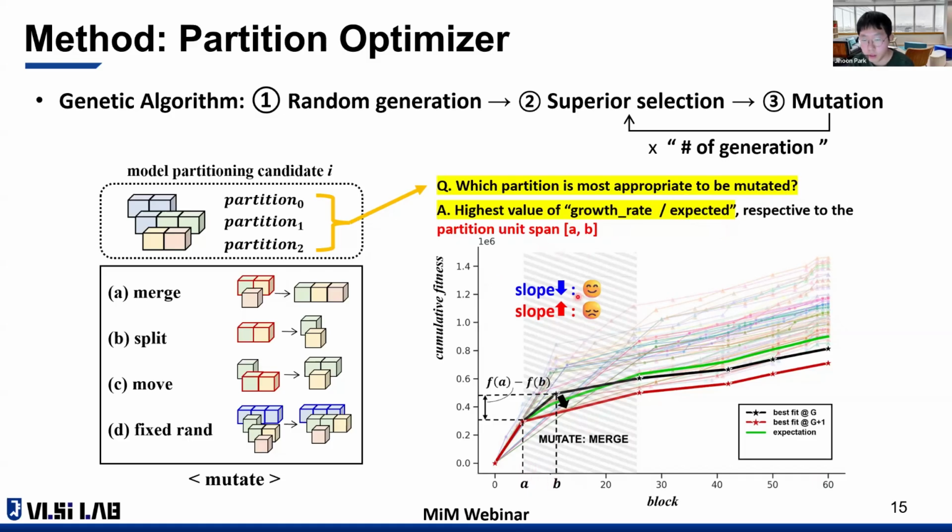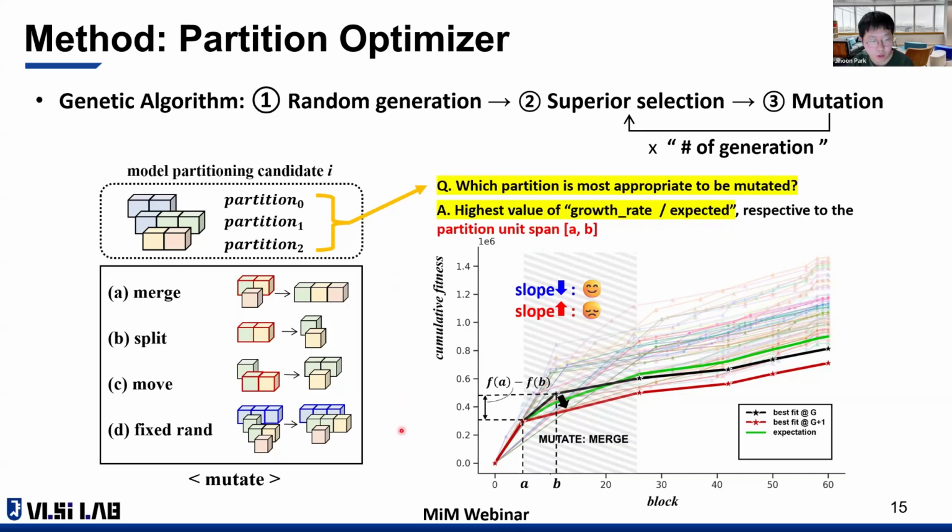And you also track the expected improvement for each partition unit span. And if it's better than that, you want to go to that mutation method. And if this is below the expected growth rates, you don't want to take that method.